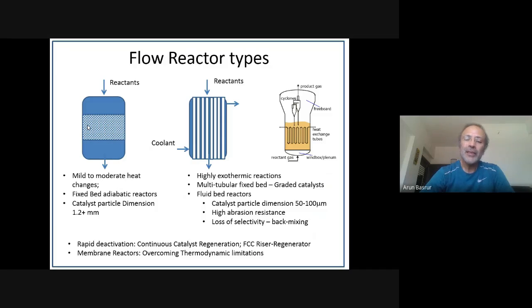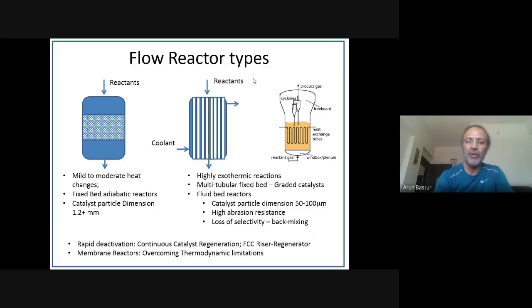If the reaction is highly endothermic or exothermic, then one has to resort to a multitubular reactor in which the catalyst is packed in tubes, and either a coolant or a thermic fluid is passed through the jacket in order to either provide heat or remove heat from the reactor. So this is done basically for highly endothermic or exothermic reactions.